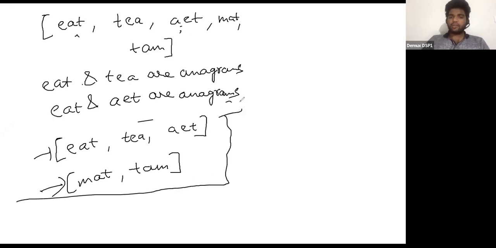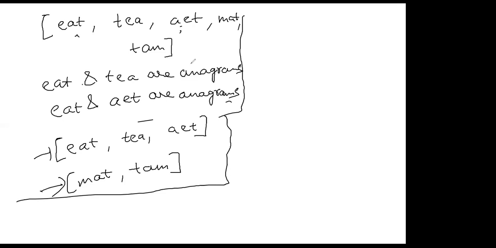So let's think about the brute force way of doing it. What would you do? How would you do it in a brute force manner? We take each element from the list and we sort it, and compare if they are equal.